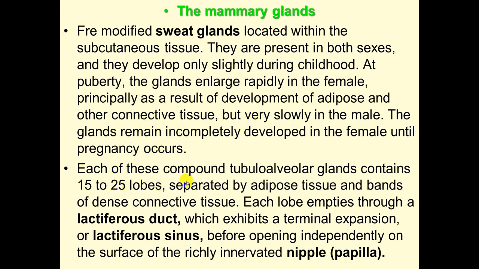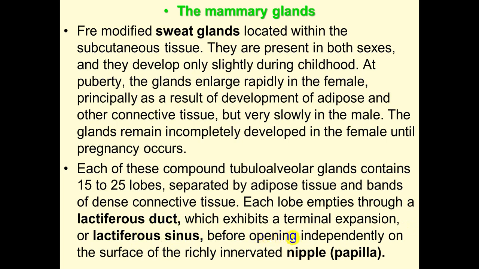So the histological features of the mammary gland depend on the function. Before pregnancy, the mammary gland consists only of the main excretory ducts, which we call lactiferous ducts, and lactiferous sinus.